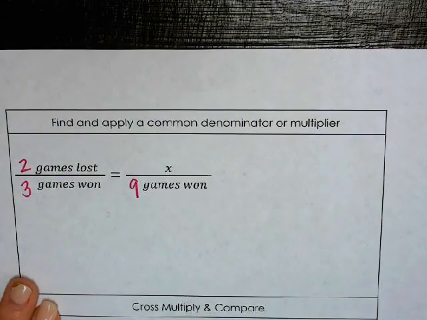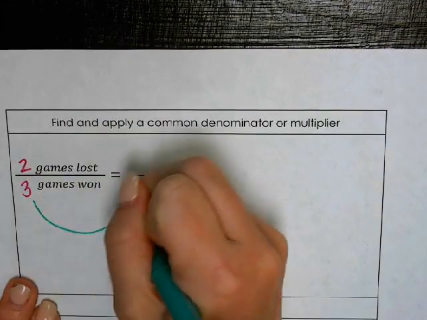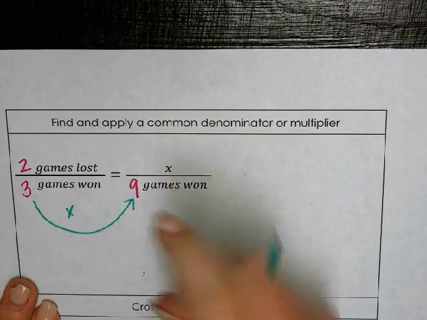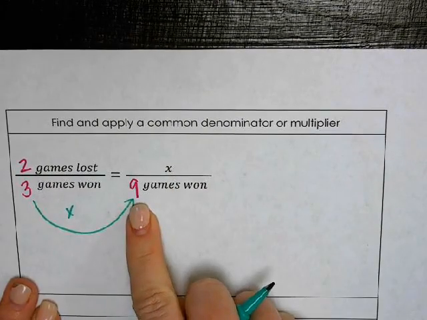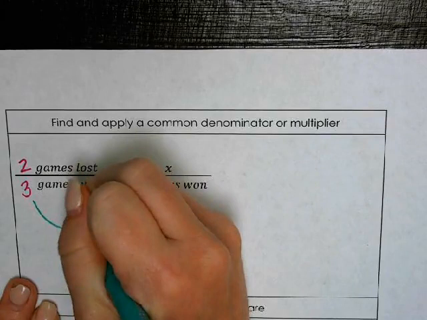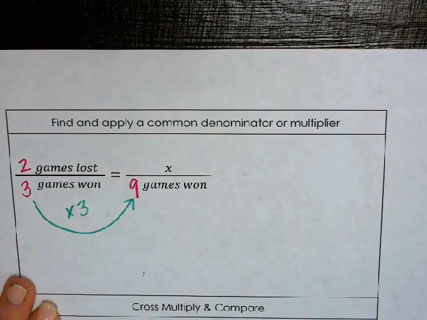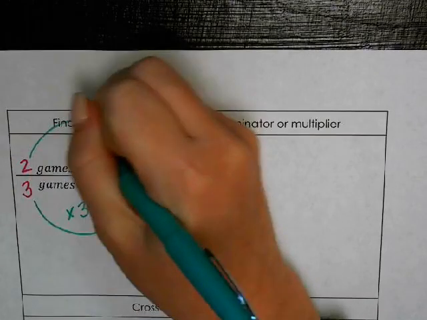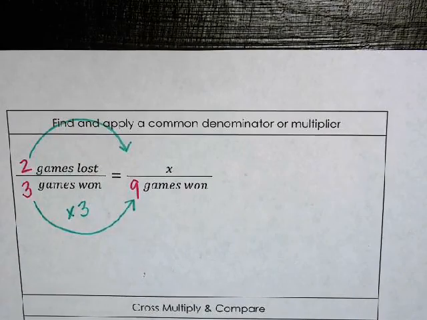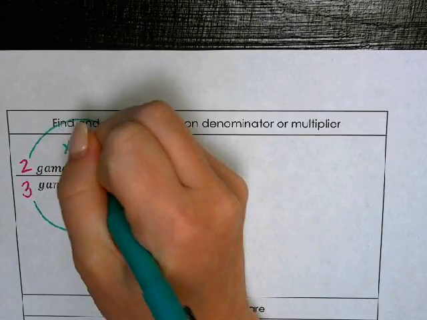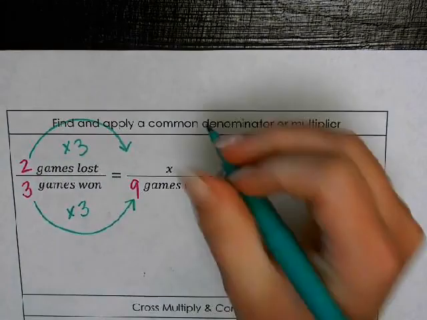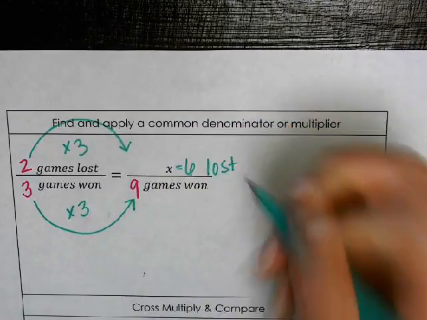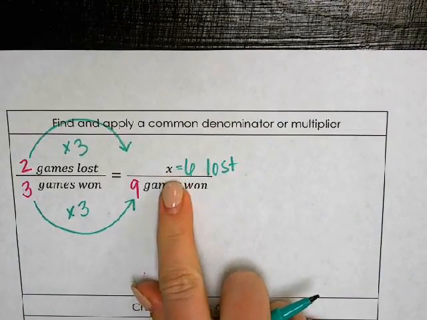Is there a number I can multiply, or a common factor, that I can say 3 times what gives me 9? 3 times 3 gives me 9. To keep this relationship balanced, I'm going to use that same value for my numerator. 2 times 3 would tell me that I have lost 6 games. That is my unknown value, and I now know the value is 6.